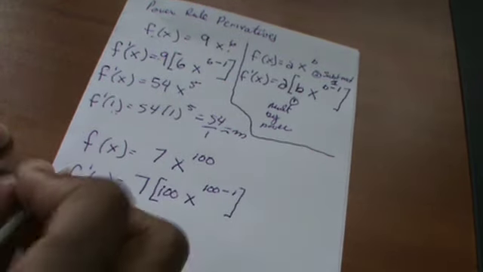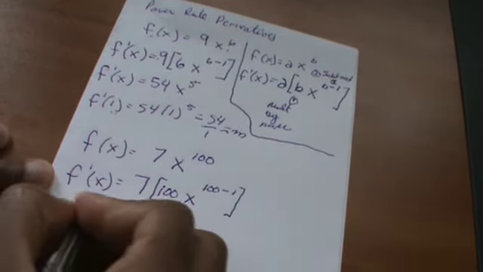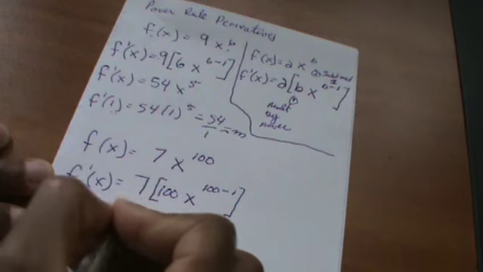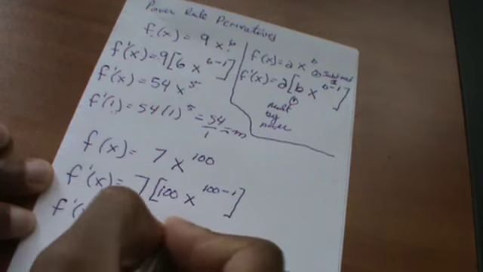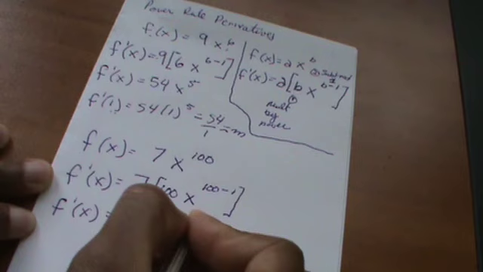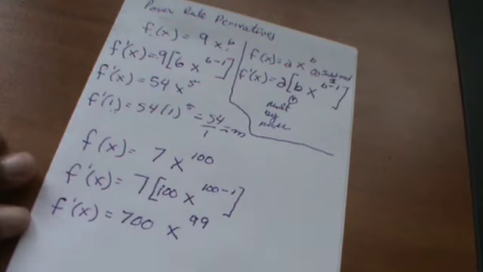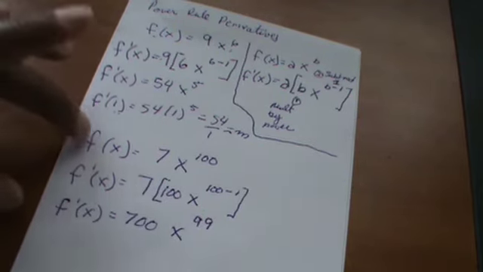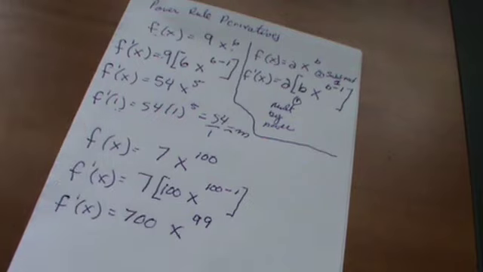And how does that simplify? Then f prime of x equals 7 times 100, gives me 700. 1 less than 100 is 99. And I'm dead. There's my instantaneous rate of change for this function f of x. And your derivative, again, is your slope generating machine.